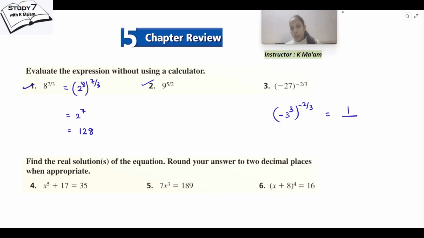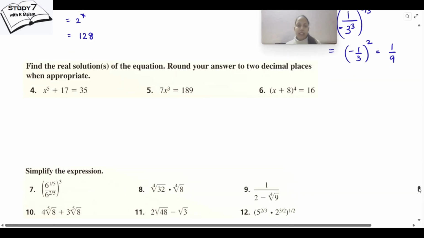It's 1 over 3 power 3 to the whole power 2 by 3. I just bring the term to the denominator. This 3 and 1 by 3 cancel, so you are only left with negative 1 by 3 to the whole power 2, which is 9. 1 by 9 is the answer.